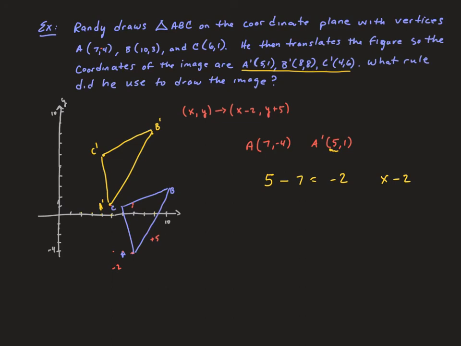Now on the other side, my y values, I end up at 1 minus negative 4, which is going to be 1 plus 4, and equals 5, so it looks like Y is plus 5. And sure enough those two calculations do match up. I do have, algebraically, the information that I was able to look at from the graph. So there is looking at translations and continuing with these transformations and now rigid transformations.